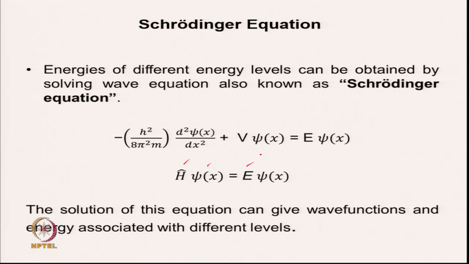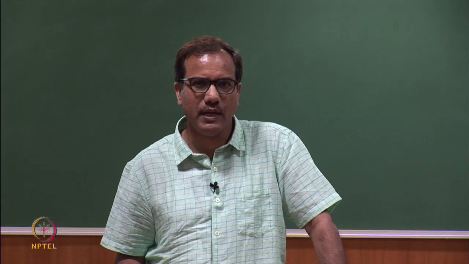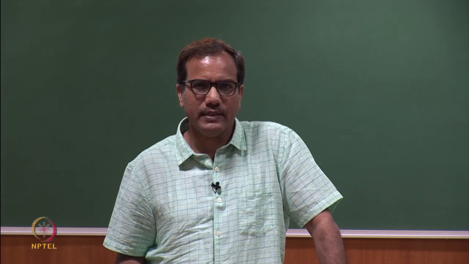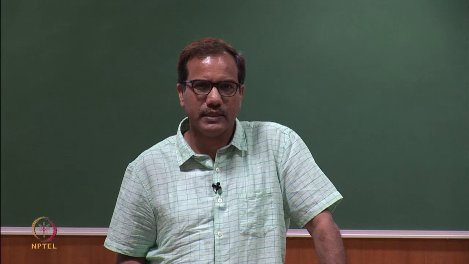Your Hamiltonian operator consists of two different operators. One is the kinetic energy operator, which is given by minus h square by 8 pi square m d2 by dx square, and then you have a potential energy operator which is given by V. So, the Hamiltonian operator is basically the sum of the kinetic energy operator and the potential energy operator, and when it is applied to a wave function, you can get the energy of a particular energy level.